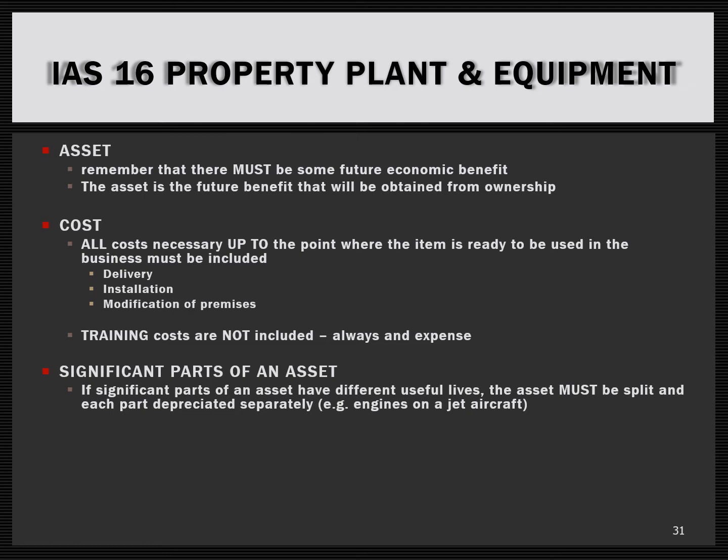And if you can remember, we talked about the engines on a jet aircraft having a life that's considerably less than the airframe itself, and so we would have to split the cost of the aircraft between the airframe and the engines and depreciate each of them over a different period.